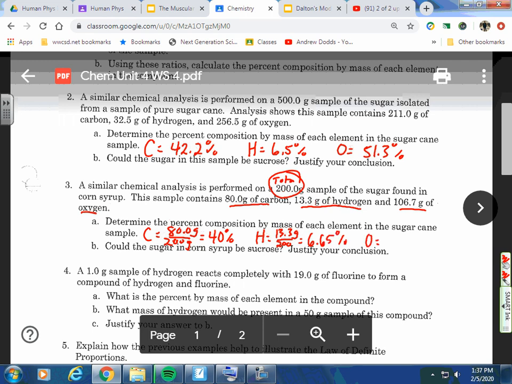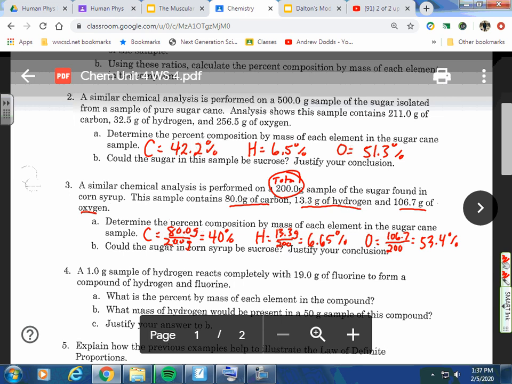And then oxygen is going to be 106.7 over the total, 200, and that comes out to be 0.534, or 53.4%.